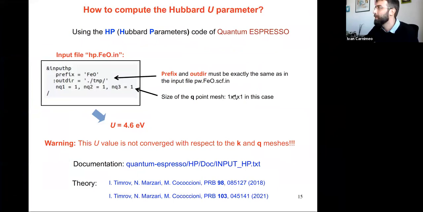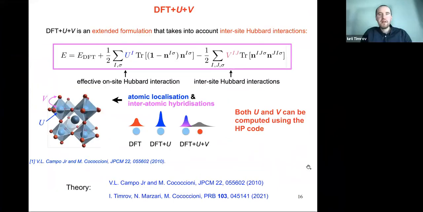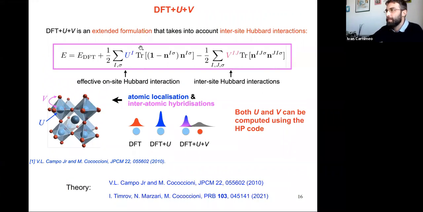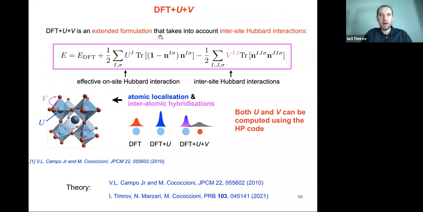Okay. Because I mentioned DFT plus U plus V. This is an extended formulation, where we have not only the Hubbard U correction, which is on-site, so we're correcting electronic interaction sitting on the iron atom, but also we're adding another contribution, actually subtracting another contribution, which depends on the V parameter, which depends on 2 indices, I and J. And this is the so-called intersite interaction.